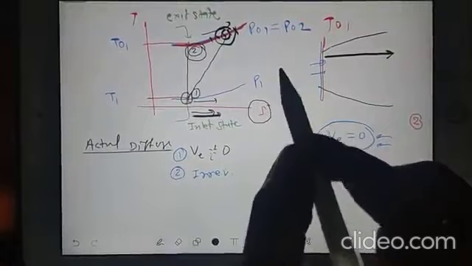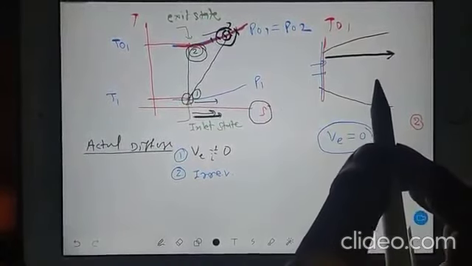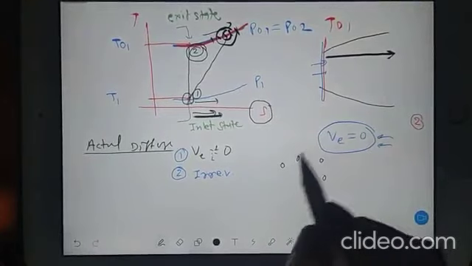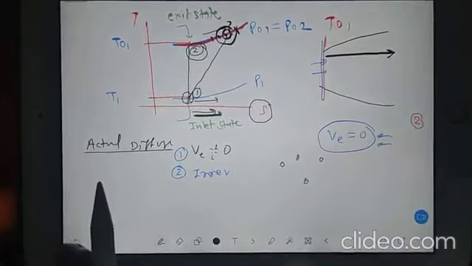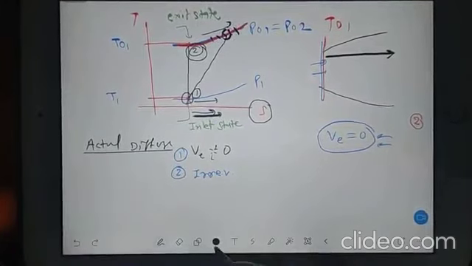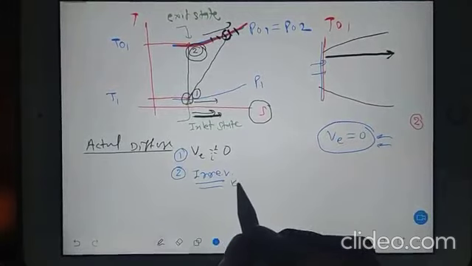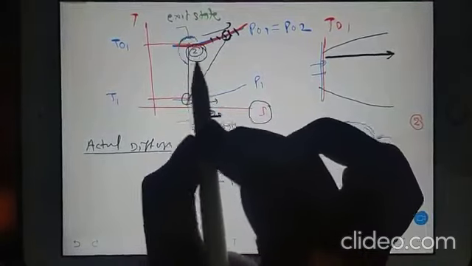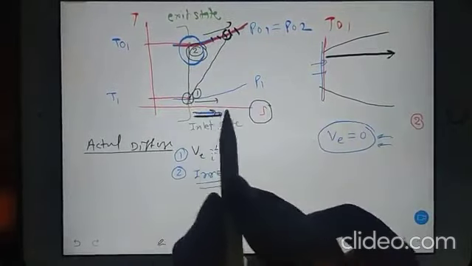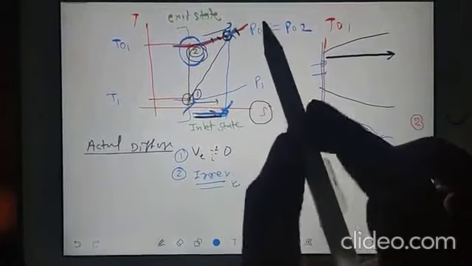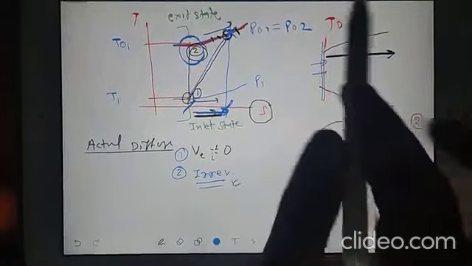Somewhere here. And you know that because so many dots are there, you have to connect everything. See, first thing, in actual diffuser, because we have irreversibility, you will not achieve the same point. Because your entropy is increasing, according to how much entropy is increasing, you will select the position where you will go. One thing is clear.